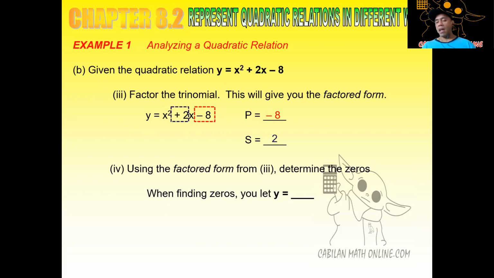Again, we're going to do this step by step for the people who need that extra step. Because remember that what we have here is a negative product and a positive sum. So I want to go through the different combinations of numbers to determine what the two numbers will be.